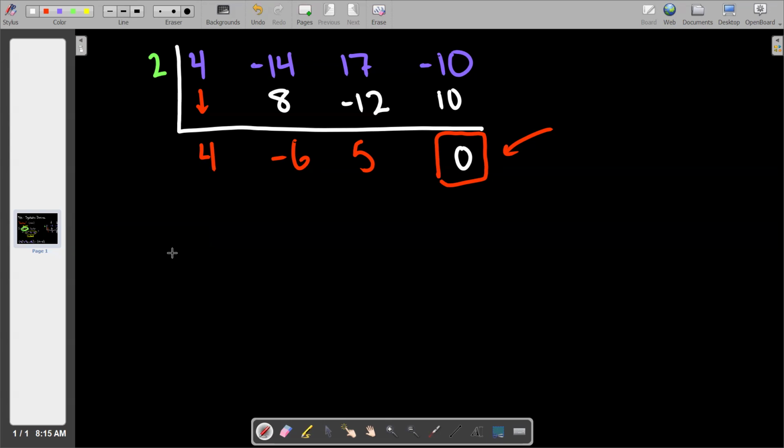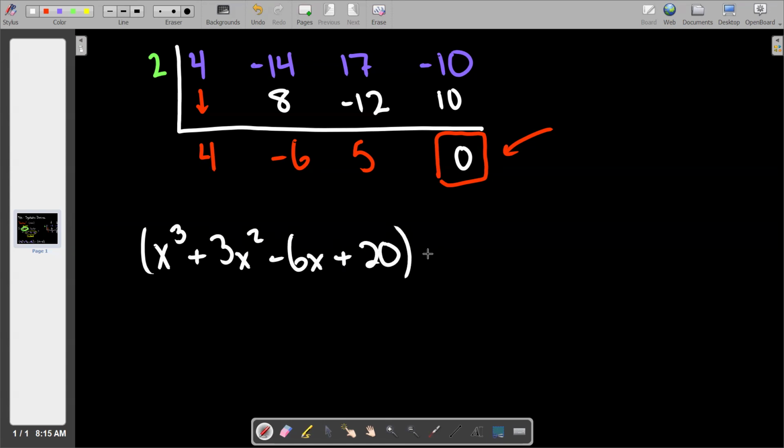Actually, I think I have a couple more of these for you. So let's do x to the 3rd plus 3x squared minus 6x plus 20 divided by x plus 5. May I scroll?